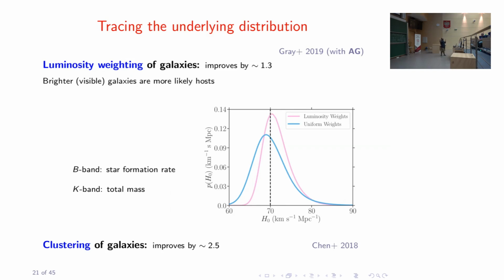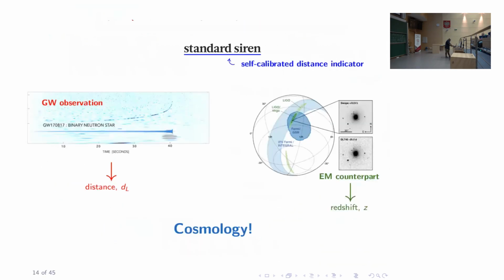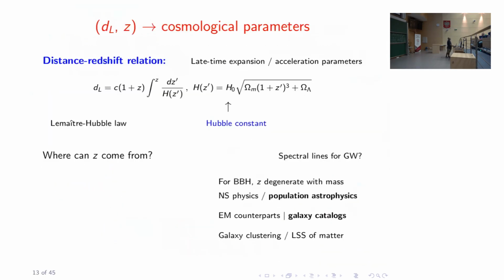But in the luminosity distance relation, we have the H(z) by H naught equals omega m and 1 plus z cubed plus. So we are assuming the cosmological background in this context, right?